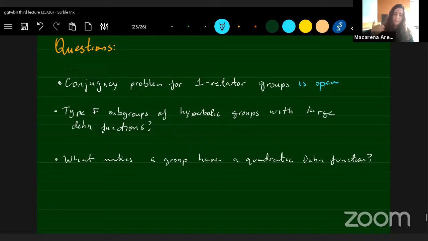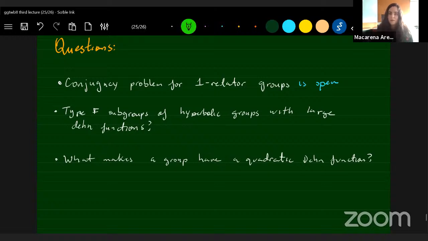So also, we mentioned that the way we get examples of subgroups of hyperbolic groups with large Dehn functions is by a failure of finiteness properties. So one interesting thing is to find type F subgroups of hyperbolic groups that have large Dehn functions.